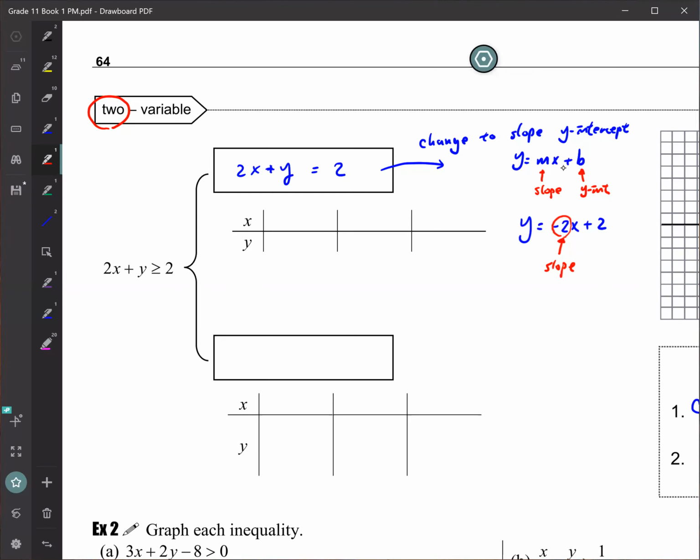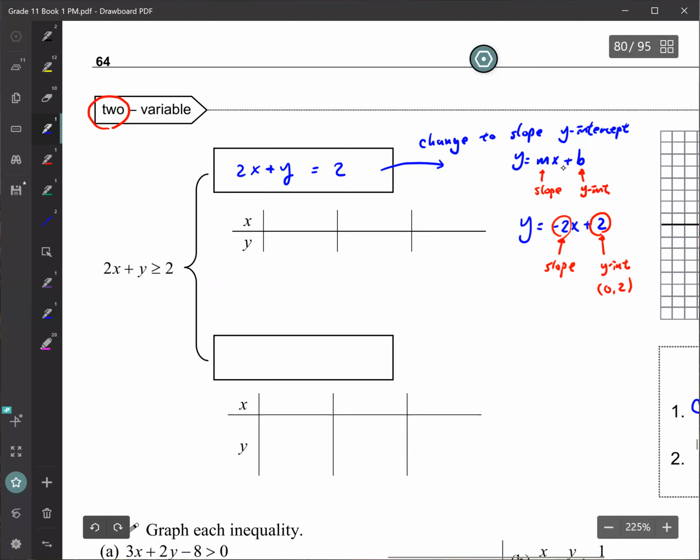Y-intercept is a point. If y-intercept is 2, then the point is at 0, 2. So let's put that point on the table as well. Let's say we have 0 for x, the y is 2. Let's put that point on the graph as well, 0, 2.